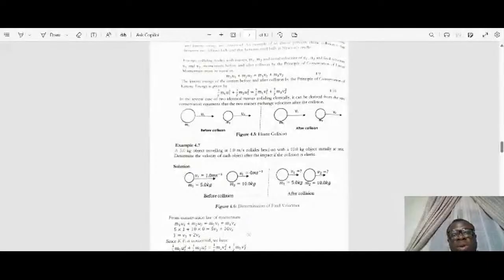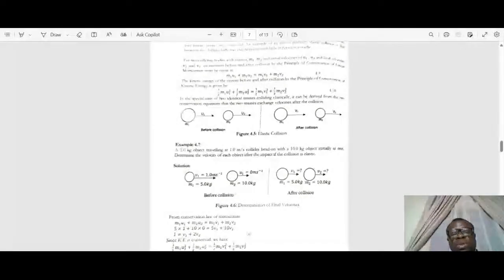After the collision, the mass is constant, you still have m1. What will change is the velocity. Now you have v1 for mass m1 and v2 for mass m2. So this is a typical illustration of an elastic collision.